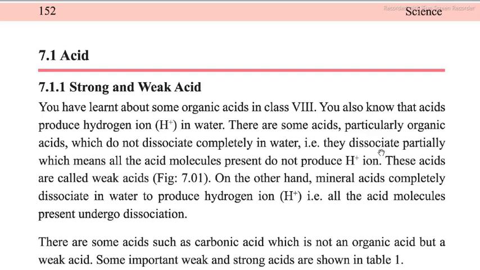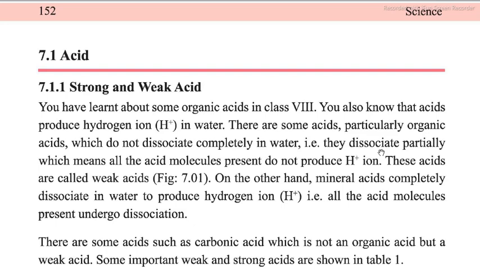One more question can be asked to understand this line. What is meant by dissociate partially? Some of the molecules that are added to the solution of partially dissociating acid are broken or dissociated and the rest are not dissociated.